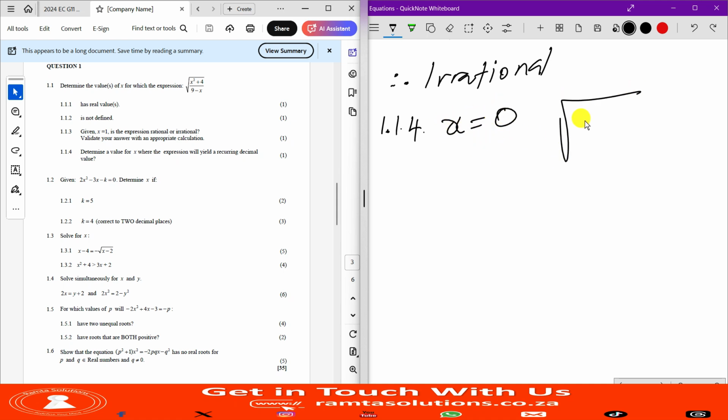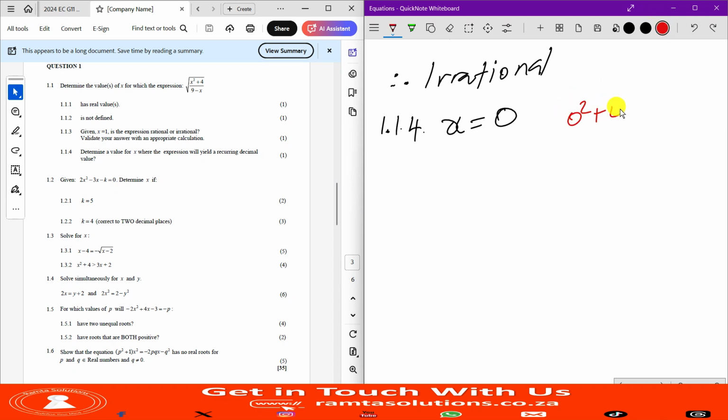When x is equal to 0, you will have 0 squared plus 4 over 9 minus 0. This will then be 2 over 3. You do know that this is 0 comma 6666666, so this number is recurring.